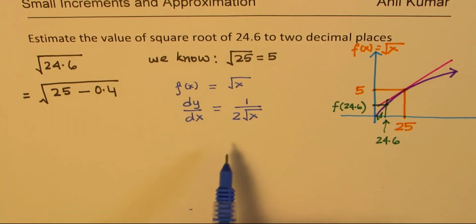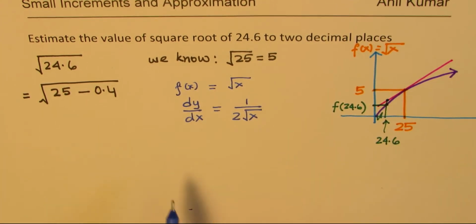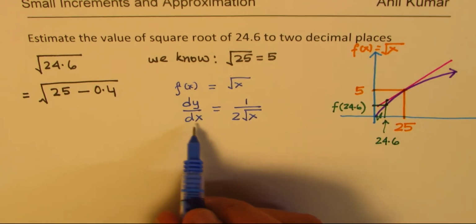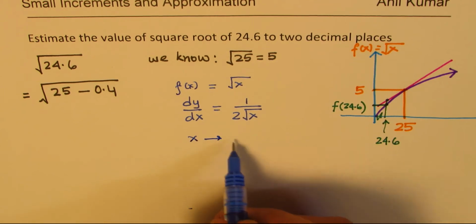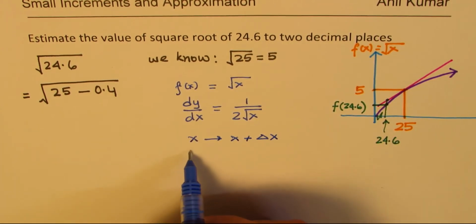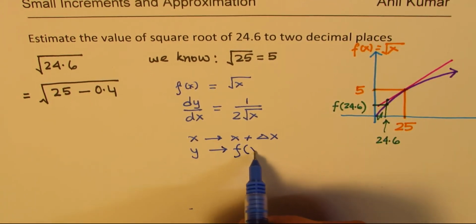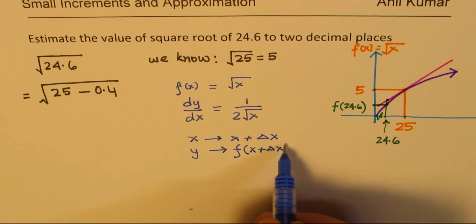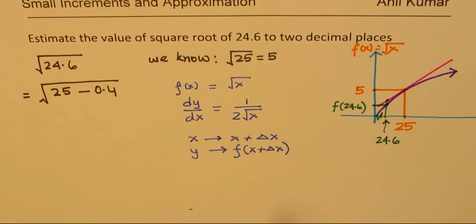So for a small change, we have changing the value of x by x plus delta x. In that case, the y value will actually be, exact value be f of x plus delta x. In our case, that delta x will be minus. But anyway, in general, we could write like this, right?